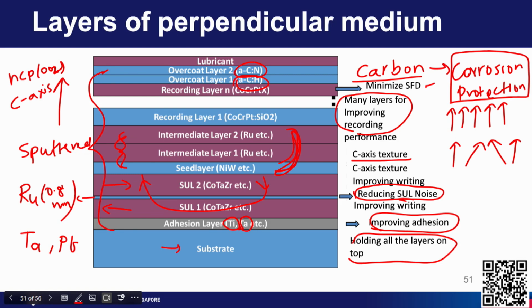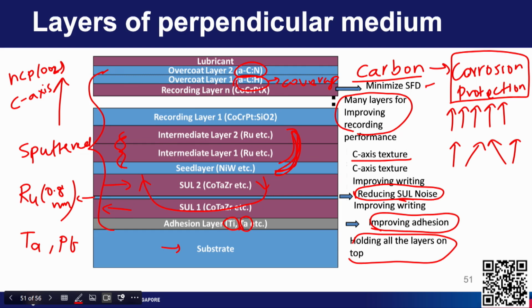When we deposit the second carbon layer, we deposit the carbon in the presence of some nitrogen gas. Why two carbon layers? Because the first carbon layer has good coverage. Coverage means it will spread over the disc uniformly, and it will have no pinholes. So it's good for corrosion protection.